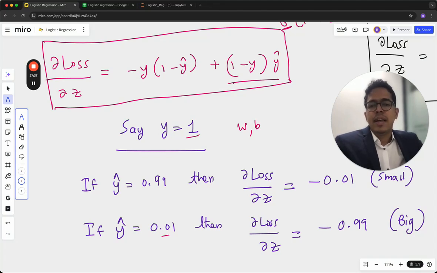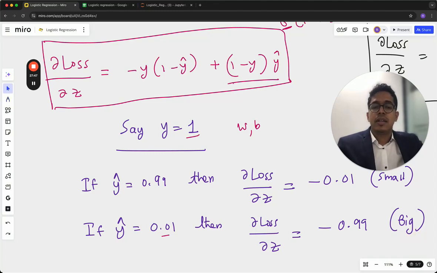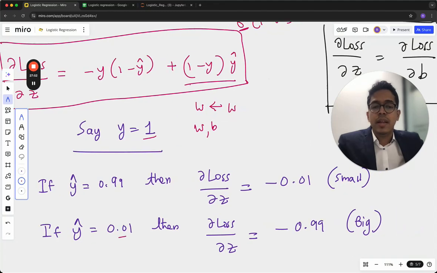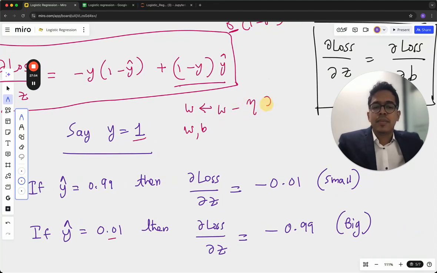Then you put y equal to 1 here, so it will be minus 1 times 1 minus 0.01, which will be minus 0.99. So this is a big value in the gradient. So you are penalizing w and b now, because the change that you will bring to w is nothing but w will be assigned to be w minus eta times dou loss by dou w.